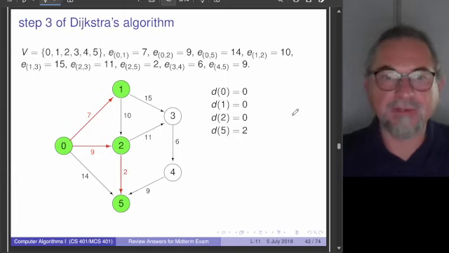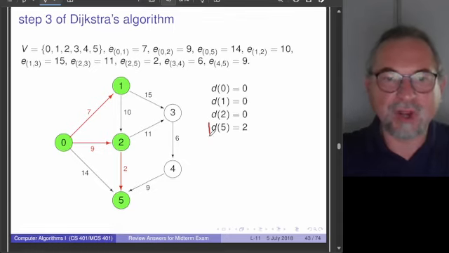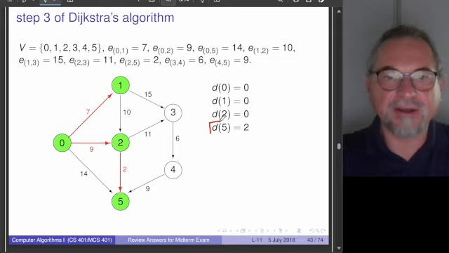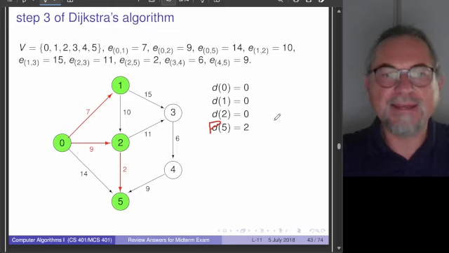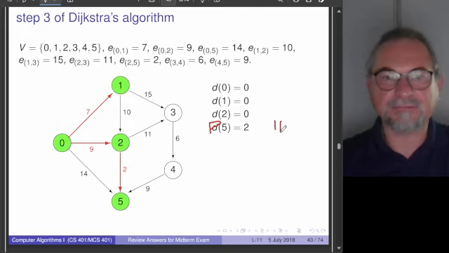Okay, let's continue. So I'm indeed computing all the predecessors here and not the distance. So the distance from 2 to 5 is actually 11. So that's the distance.